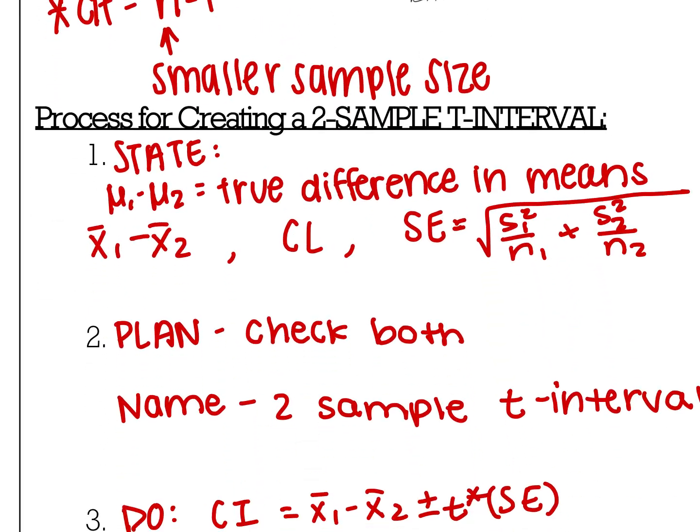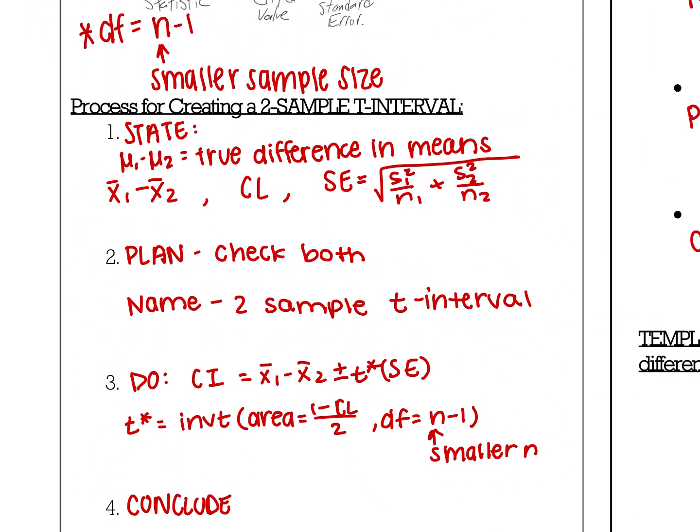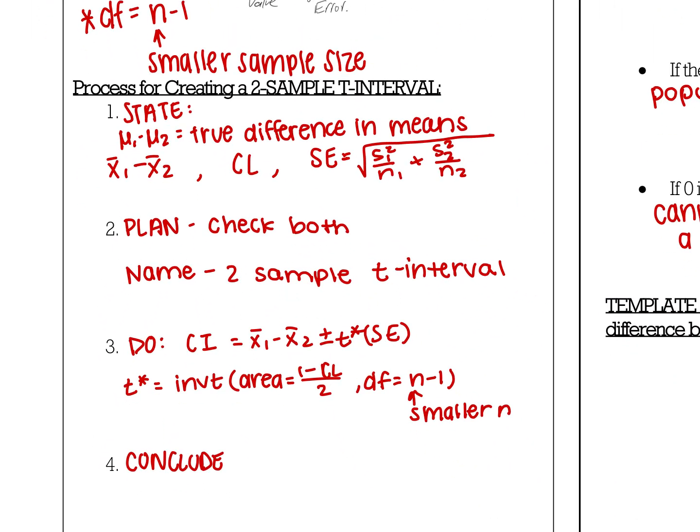Now, when we follow our state plan do conclude model, we're going to cover all of these important details. Stating again, lead out with your parameters, your population means. So mean one minus mean two. What is the true difference in means for this group? Calculate your x1 minus x2, your confidence level, how certain or what percentage we are using, and calculate that standard error.